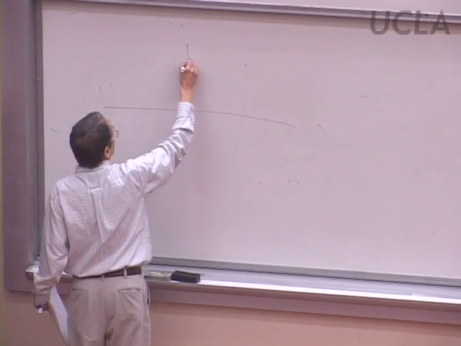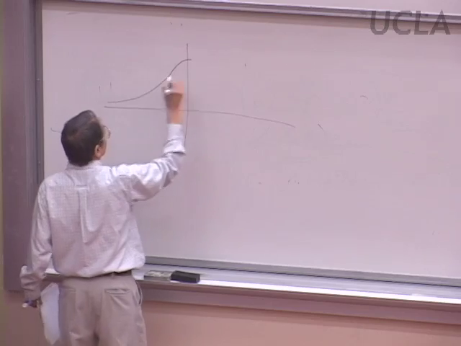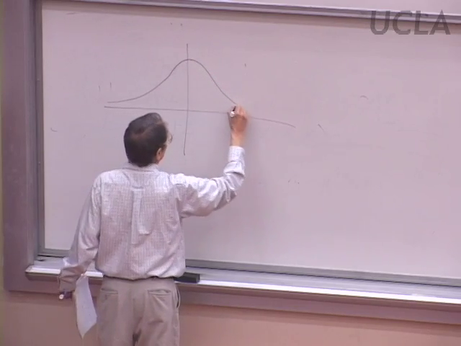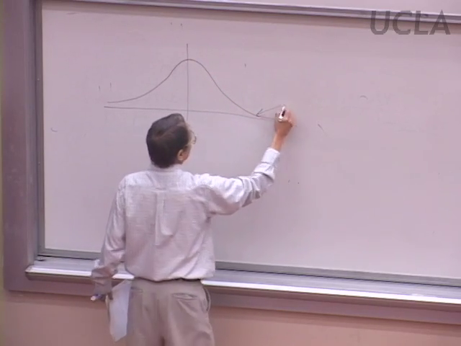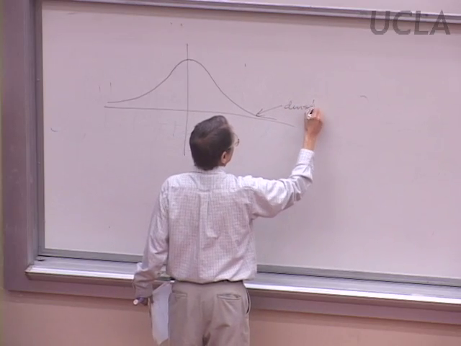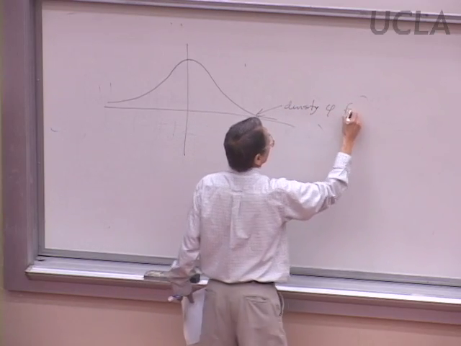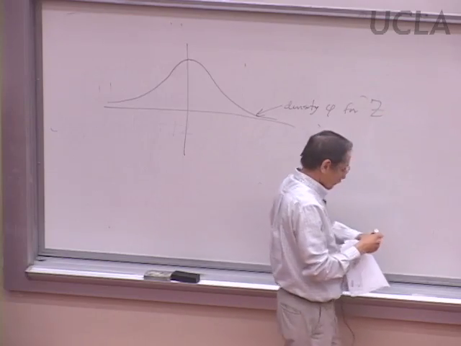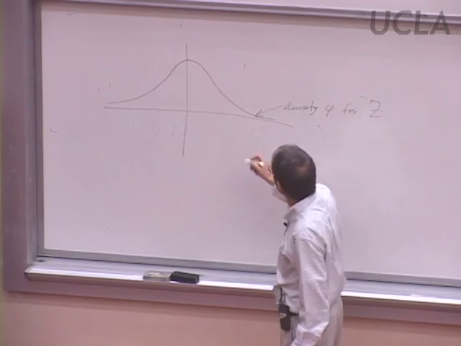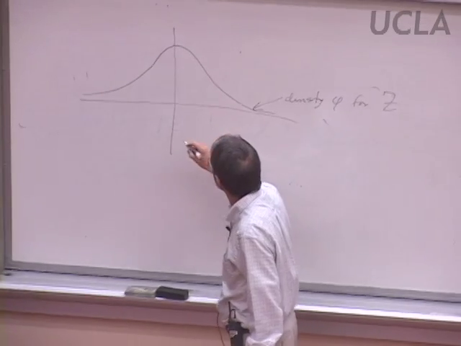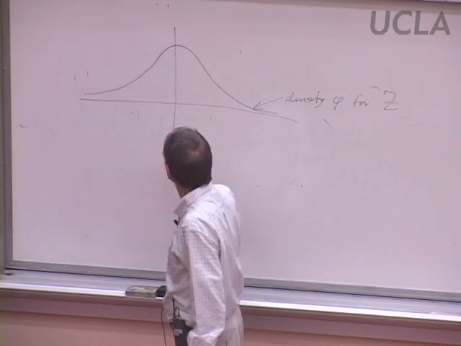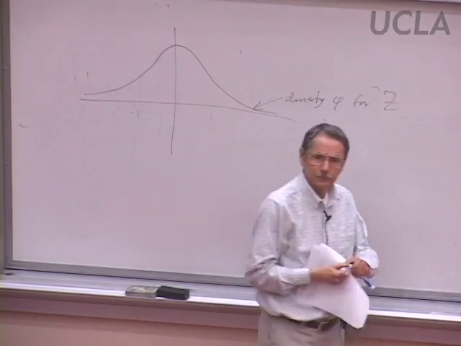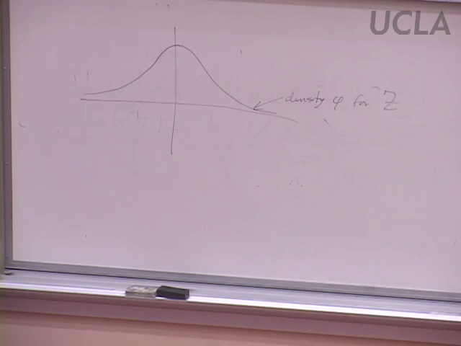Well, the density function for Z, we know a lot about it. It's got those inflection points at 1 and -1. Well, we talked about it last time.